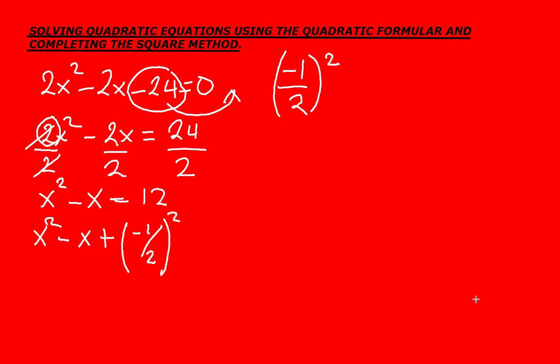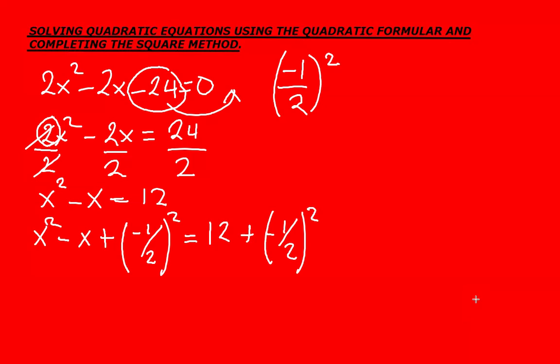squared, is equal to, we had 12 there, so 12 plus -1/2 squared. Now for simplicity, just ignore this.